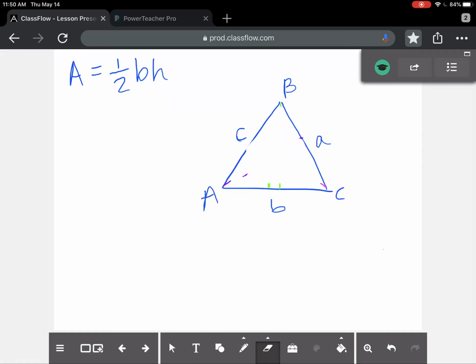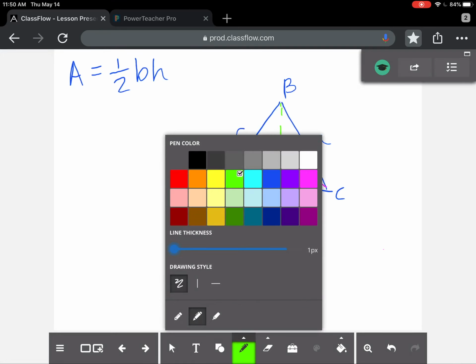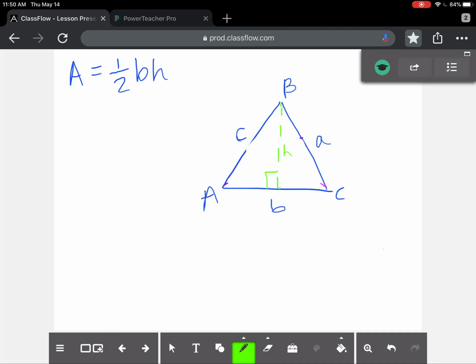That's all you have to remember. But normally I like to have it inside of the triangle, so let me erase these. That way I can just use one of them. Okay, so that's going to be my height of the triangle.